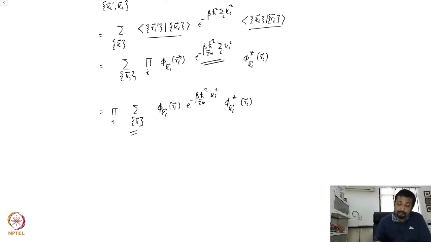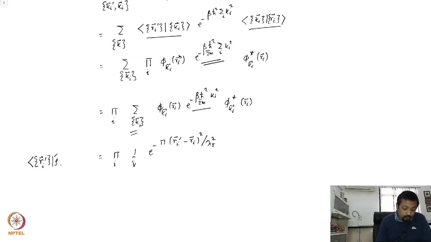Because I have a sum in the exponential, therefore it splits up into products of this term, and therefore if you now evaluate this, you are going to get 1/V e to the power minus π (ri' − ri)² over λ_T². So this is the density matrix in your coordinate representation, ⟨ri'|ρ̂|ri⟩.